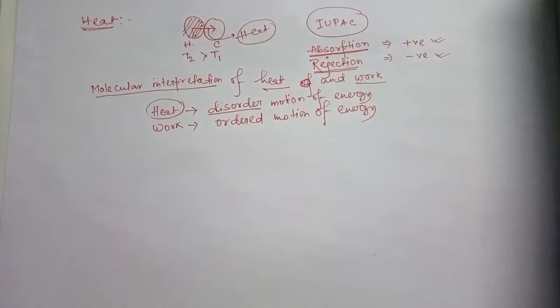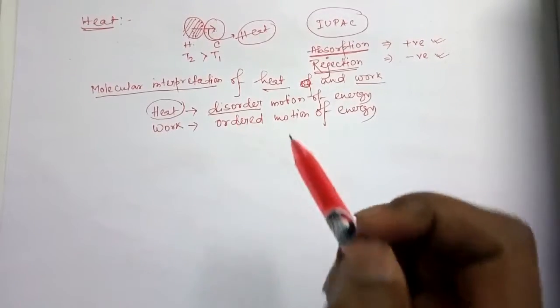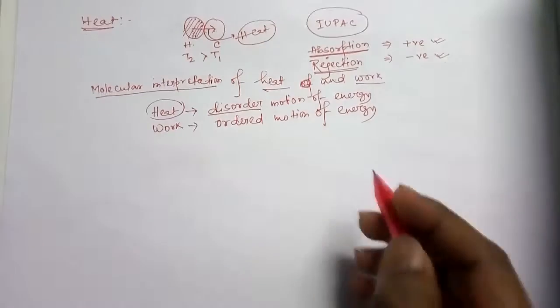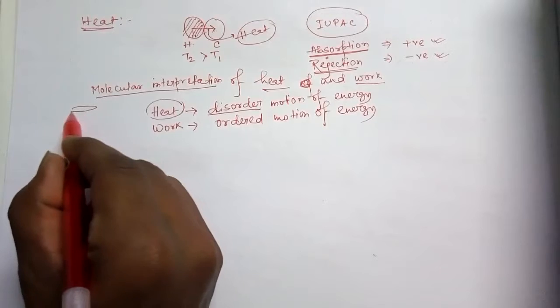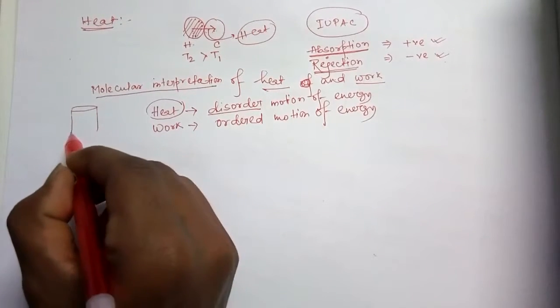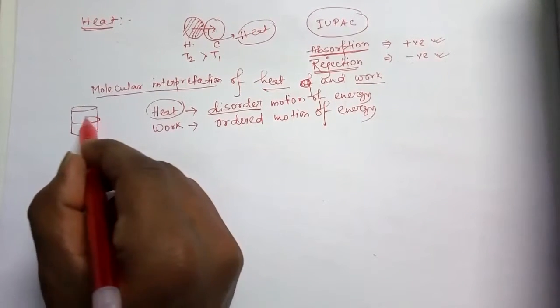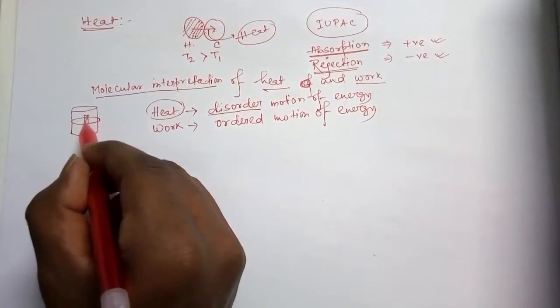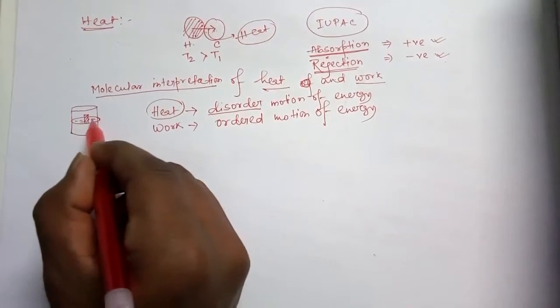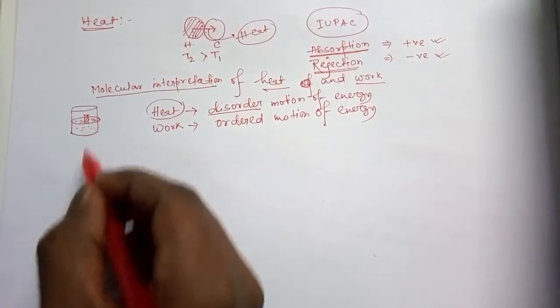That is why heat is termed as disordered motion of energy. Now, what is work? If there is some sort of ordered motion of energy. Consider an ideal gas kept in a cylinder covered by a weightless and frictionless piston.